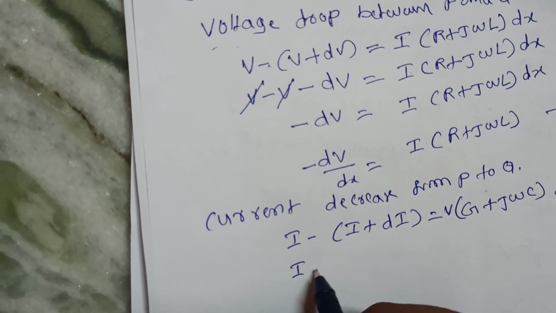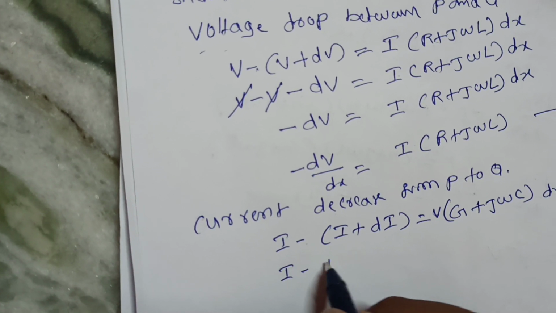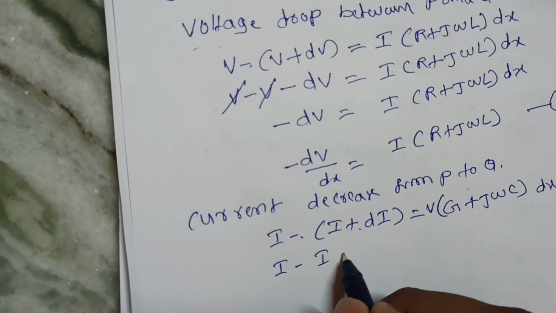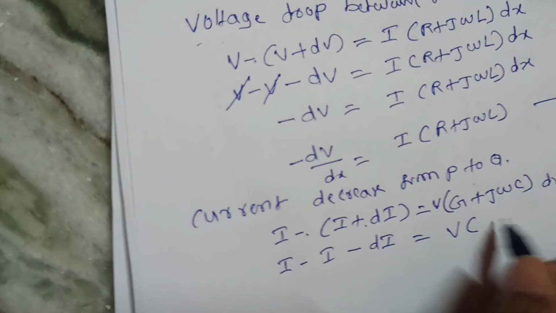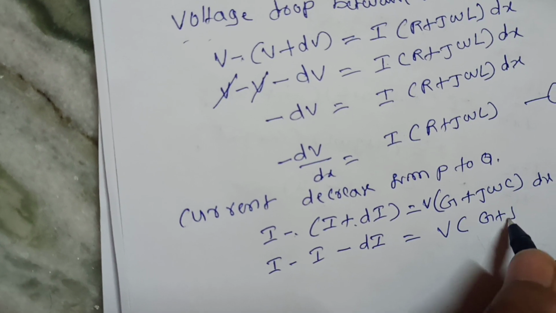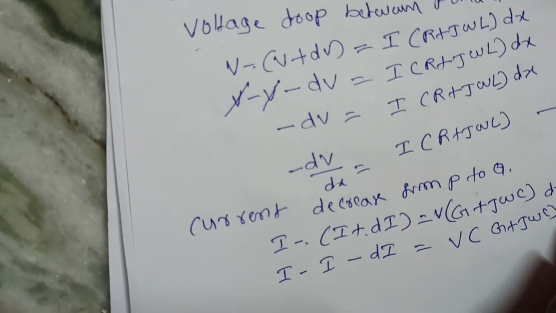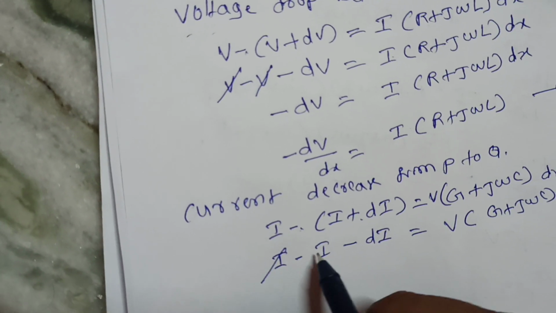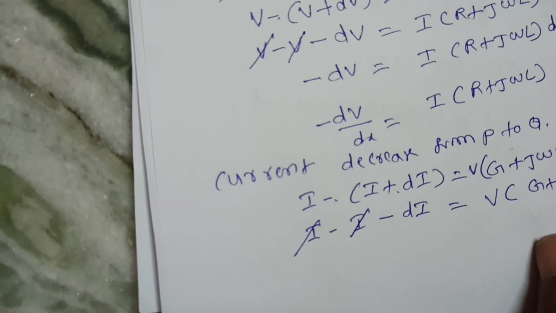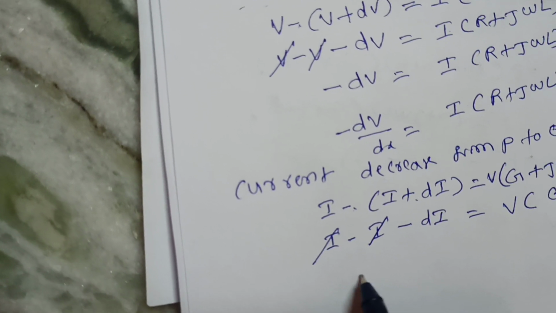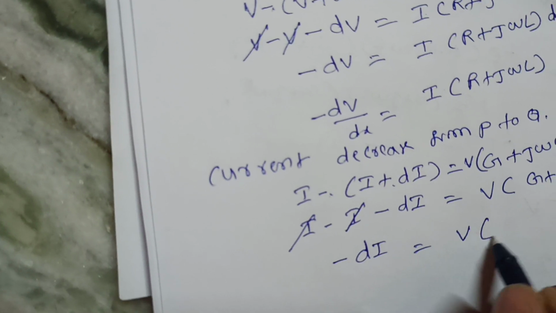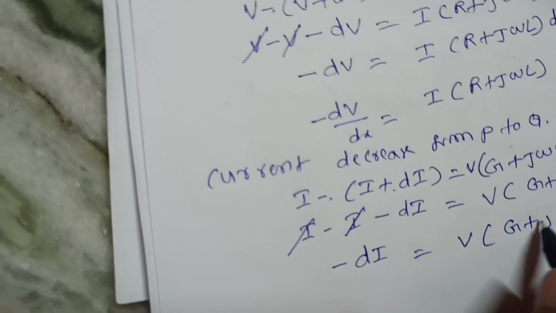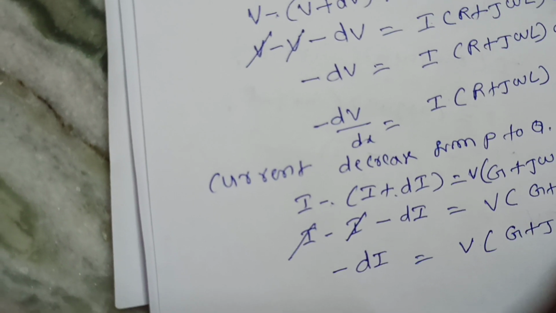So I minus I minus dI is equal to V times (G plus j omega C) dx. I minus I cancel, and the remaining value is minus dI is equal to V times (G plus j omega C) dx.